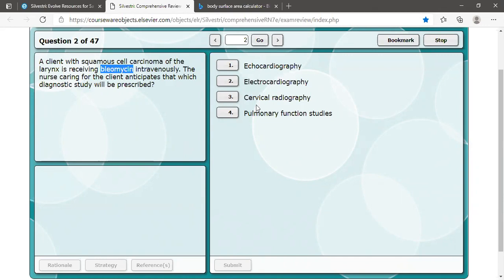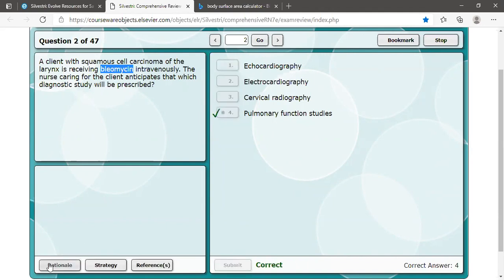Cervical radiography, cervix is not related here, but pulmonary function test is important because bleomycin has a bad side effect on the lungs. As a healthcare provider, we use the stethoscope to auscultate their lungs for any added sound, because bleomycin can cause fibrotic change inside the lungs. So answer 4 is a good choice.